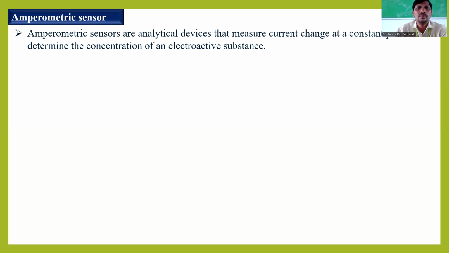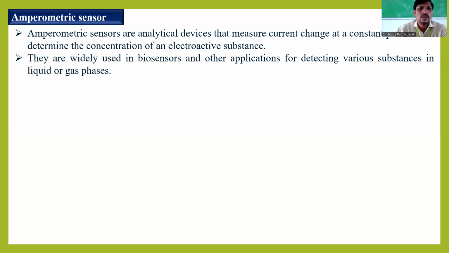So for example, if you want to know the oxygen content present in a particular room, the sensor will detect the concentration of the oxygen. And they are widely used in biosensors and other applications for detecting various substances in liquid or gaseous phase. So in gaseous phase also we can detect, and liquid phase also we can detect.